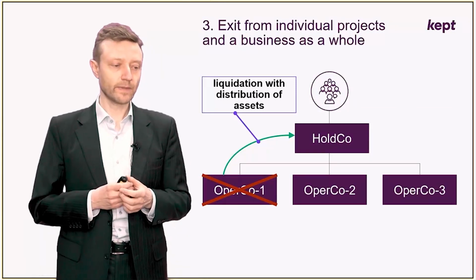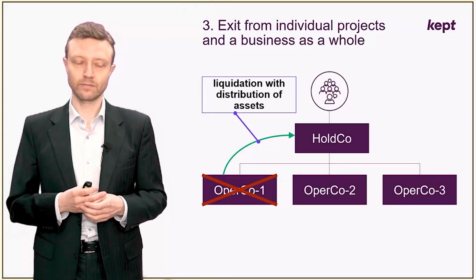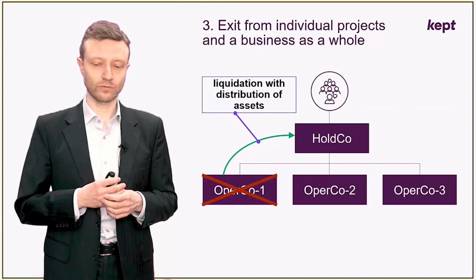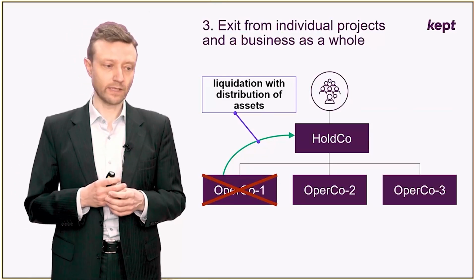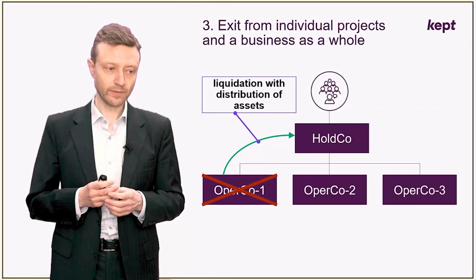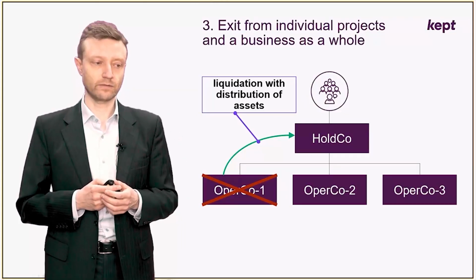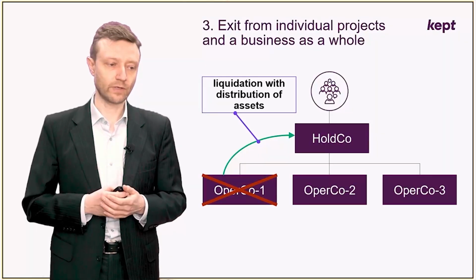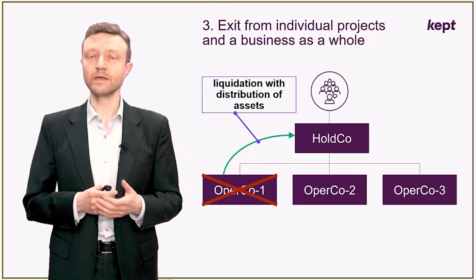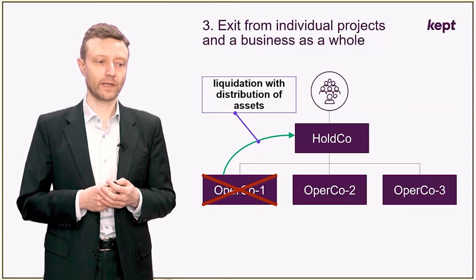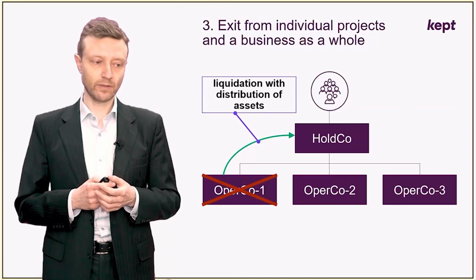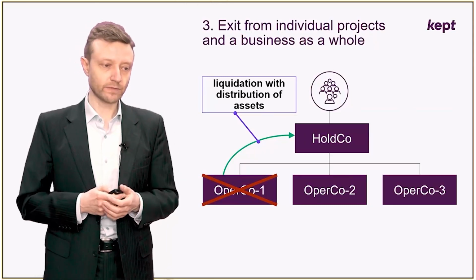Whatever is left from the business that the company ceased to conduct is distributed to the holding company, which can then use these assets either to sell or to invest into other projects. And this is an example of how exit from a particular project can be achieved.